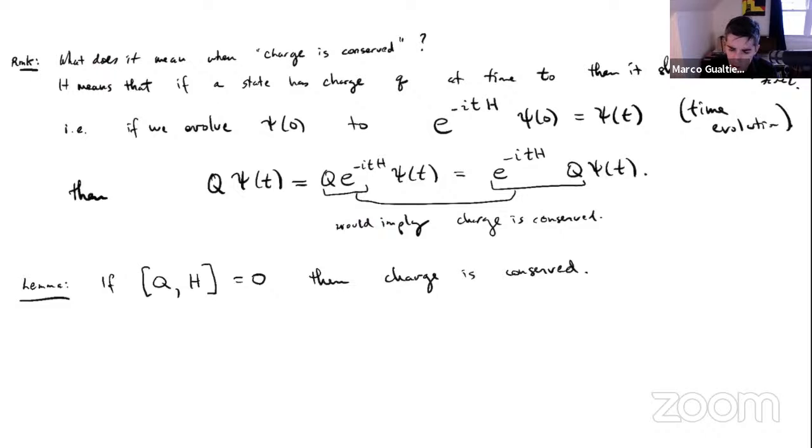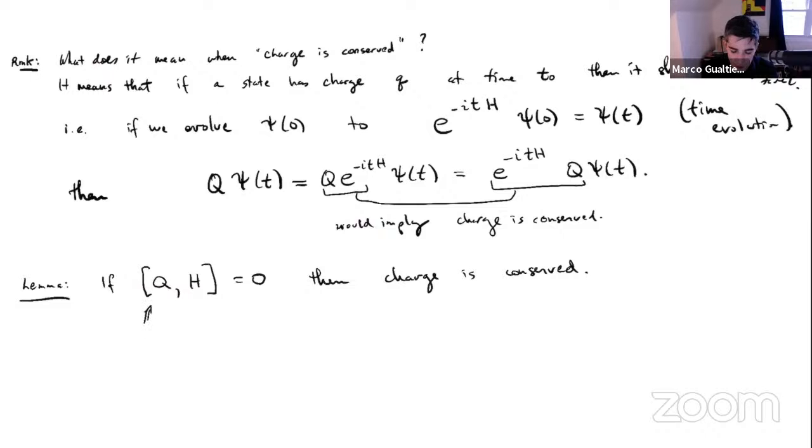So I just want to point out a couple of things. This is exactly how physicists would phrase it. They would talk about the commutator between Q and H. But mathematically speaking, this is a bad operation because Q is self-adjoint, H is self-adjoint, but this bracket is not self-adjoint. So this is not the Lie bracket on the Lie algebra.